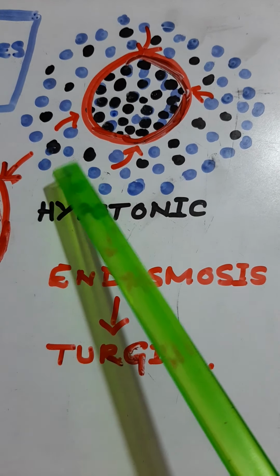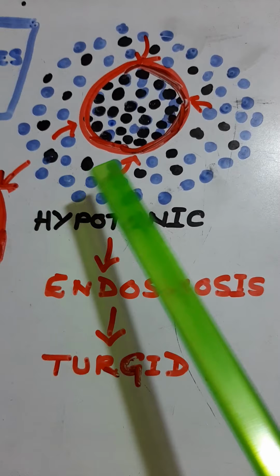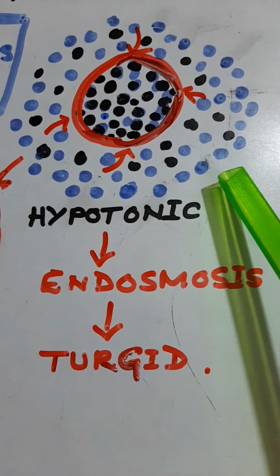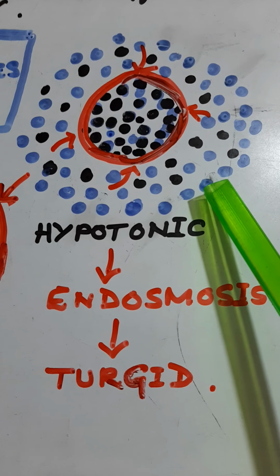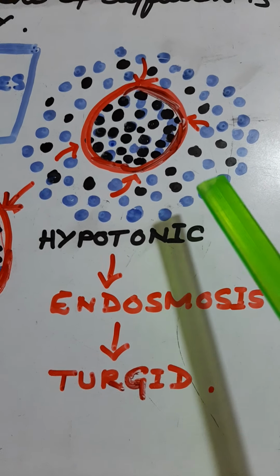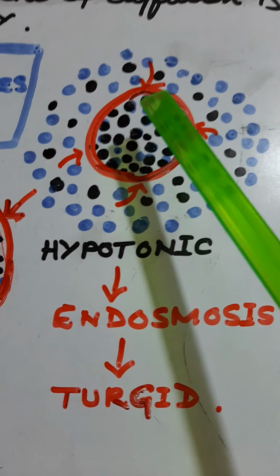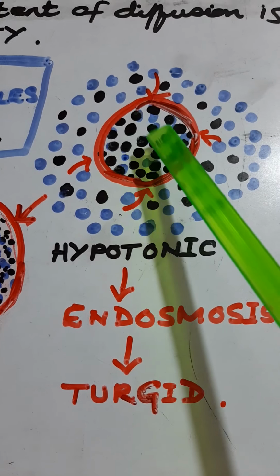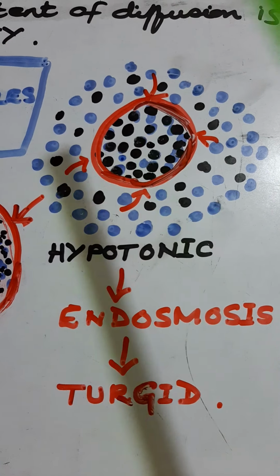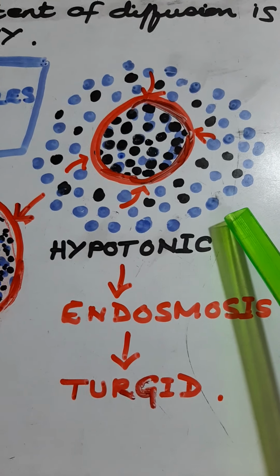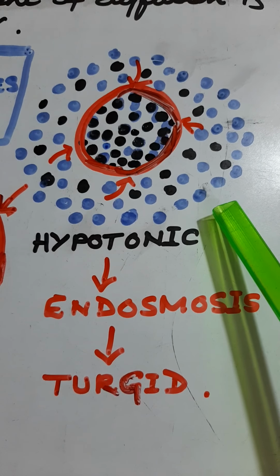This type of solution has less solute concentration, so the concentration is lower than that of the fluids inside of the cell. Inside the concentration is higher. You can see the solutes inside. So this type of solution is called hypotonic solution.